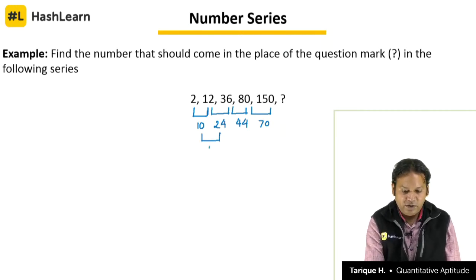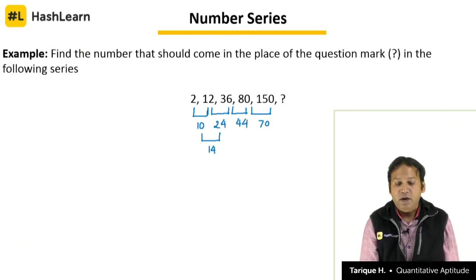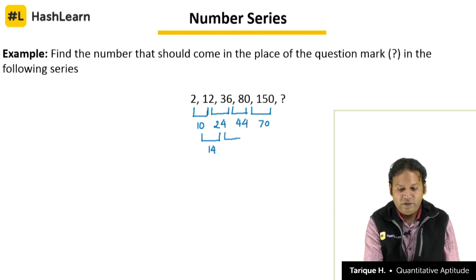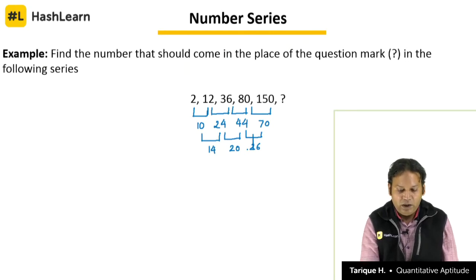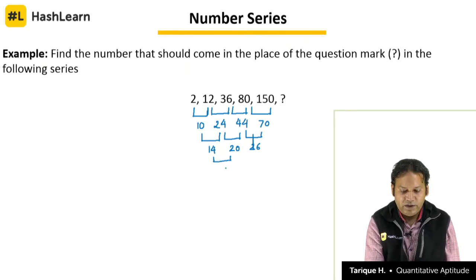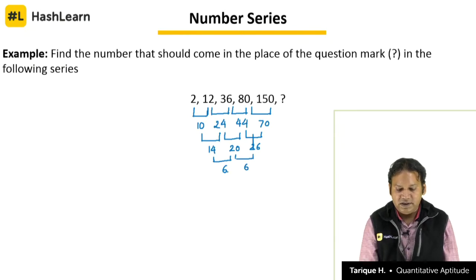10 and 24 difference is how much? 14. 24 and 44, the difference is 20. And 44 and 70, the difference is 26. ठीक है. Now एक बार और निकालेंगे difference. 14 and 20 difference is 6. And 20 and 26 also difference 6.